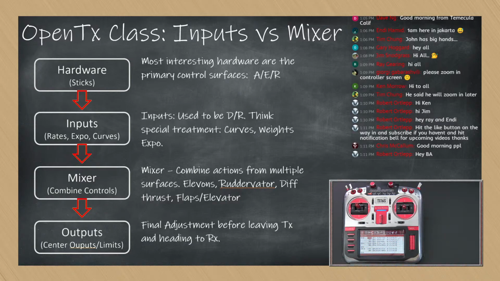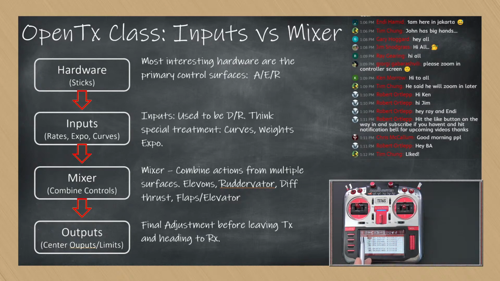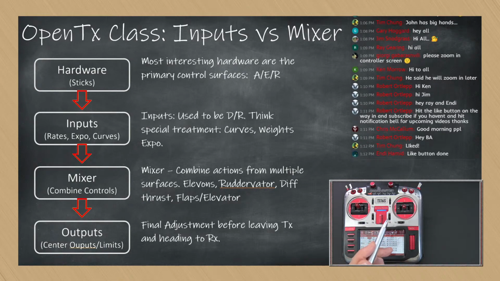So I wanted to make sure this diagram got out there because I want you guys to understand the flow. You go from the stick to the input to the mixer to the output. It's that simple. The job of the input is to connect the stick or the interesting hardware to a software construct so we can do universal actions to that stick.